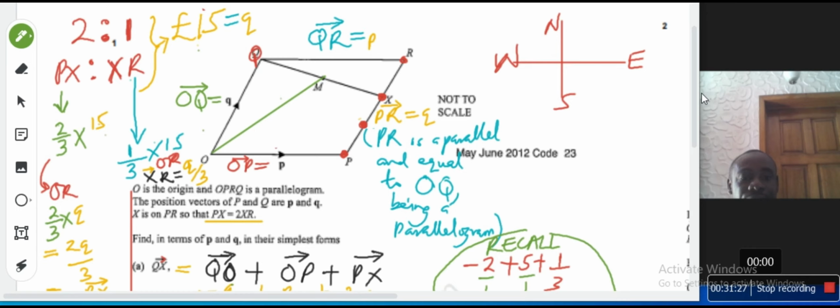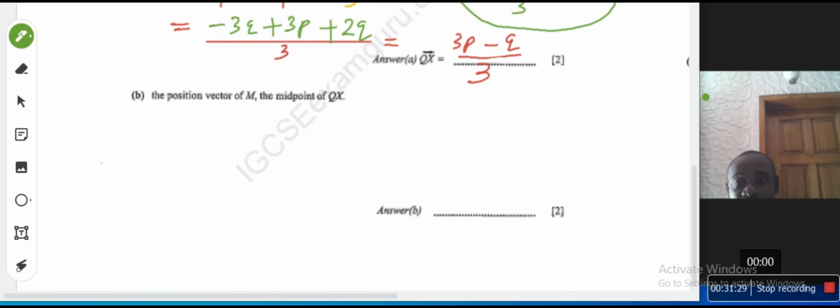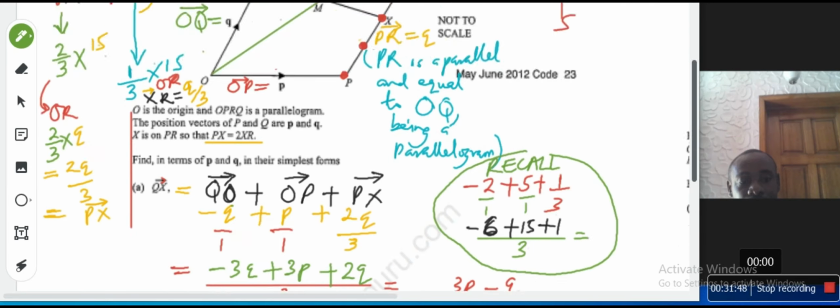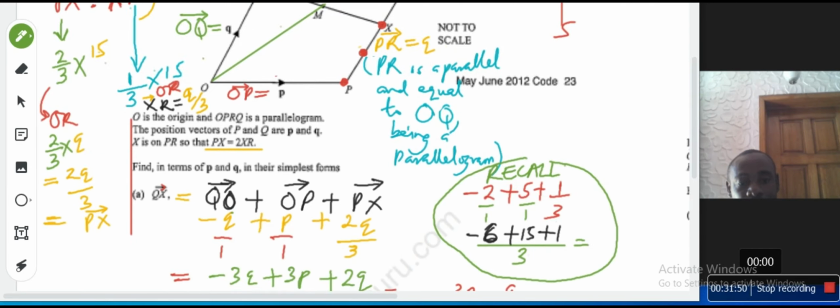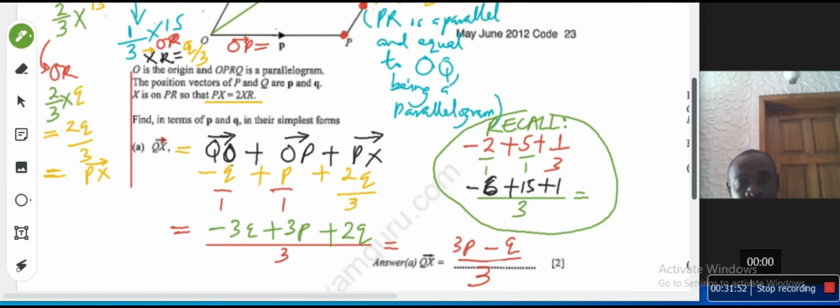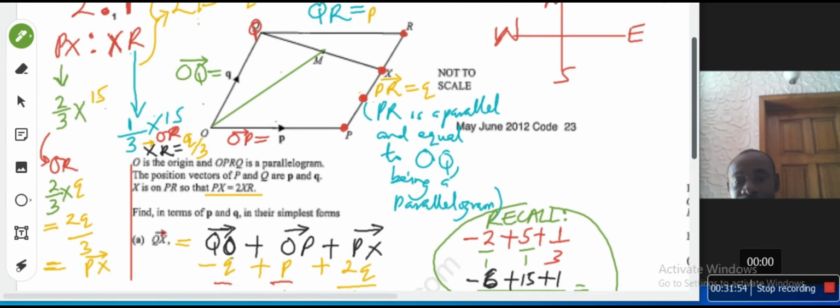That's OM. It's basically asking you to find OM. In other words, find OM, because position vector is measured from the origin. So we're looking for OM. So we have to find OM.